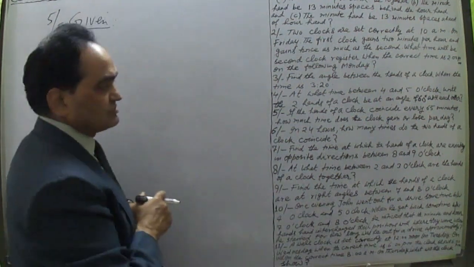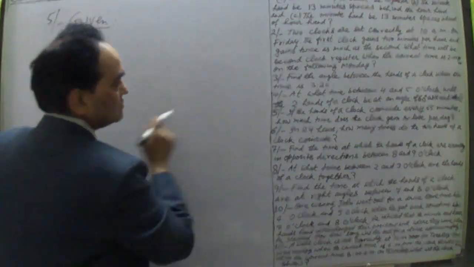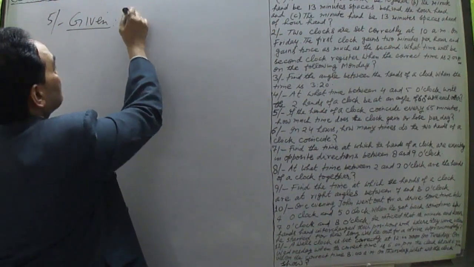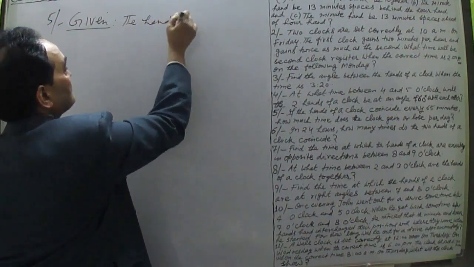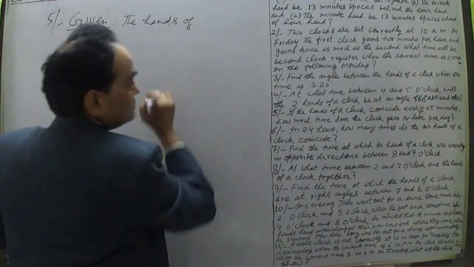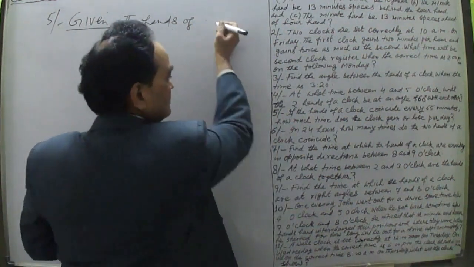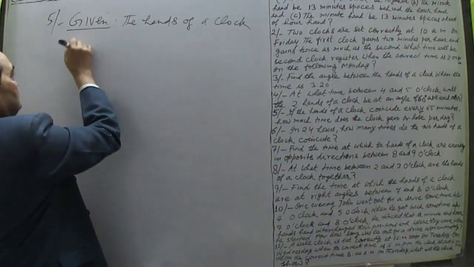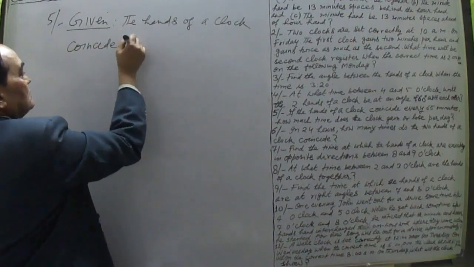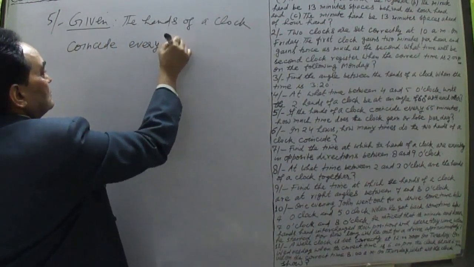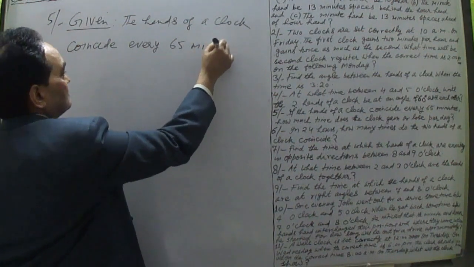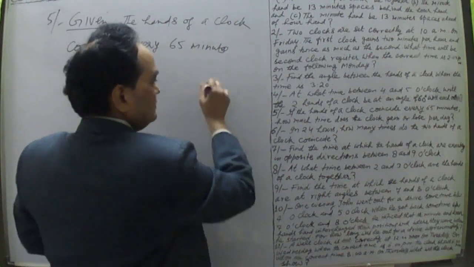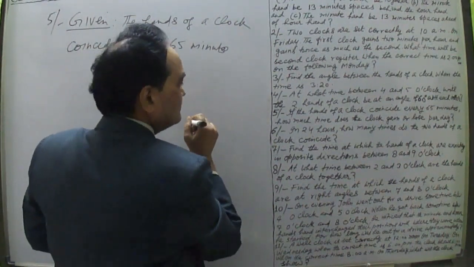Okay, so in 65 minutes, what is given to us? The hands of a clock coincide every 65 minutes. Right? And then how much time does the clock gain or lose per day?